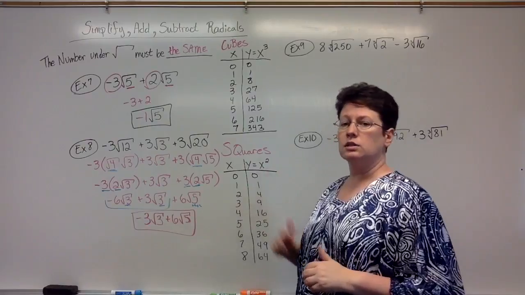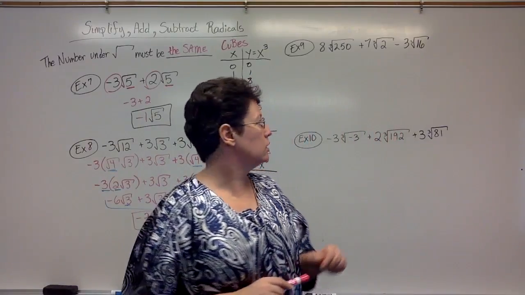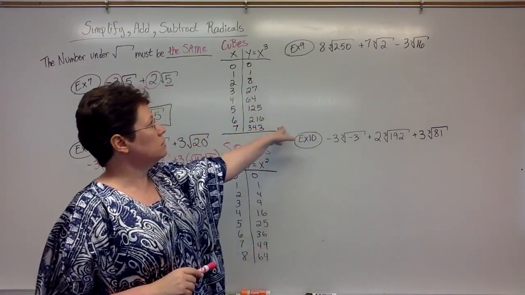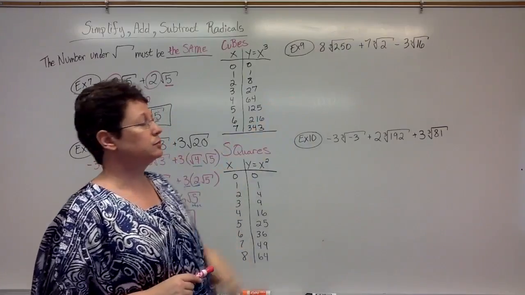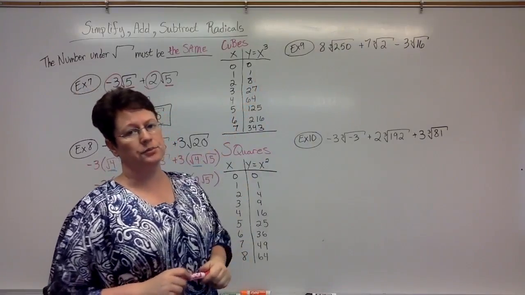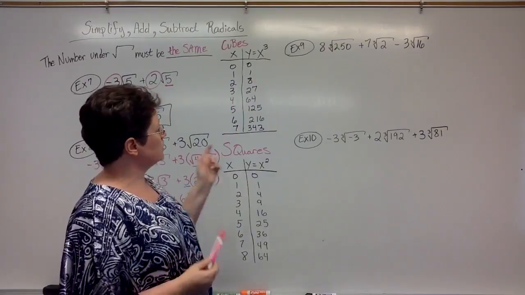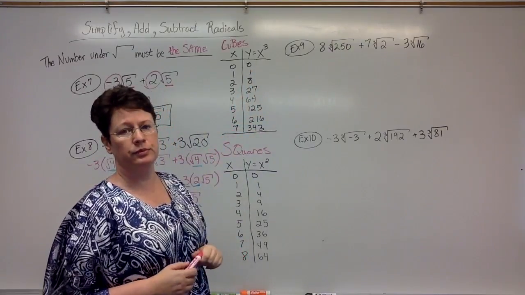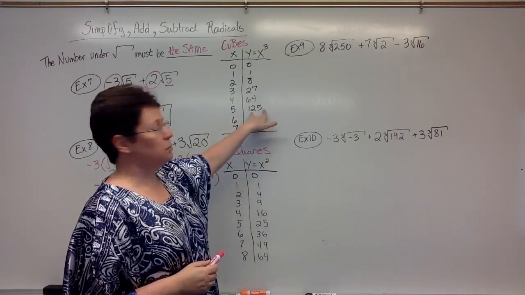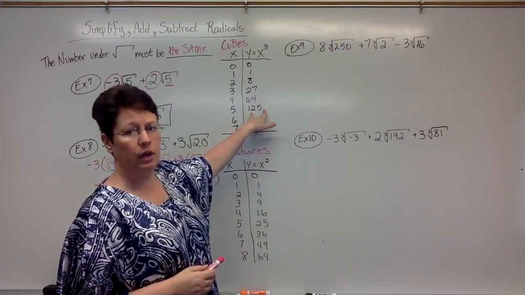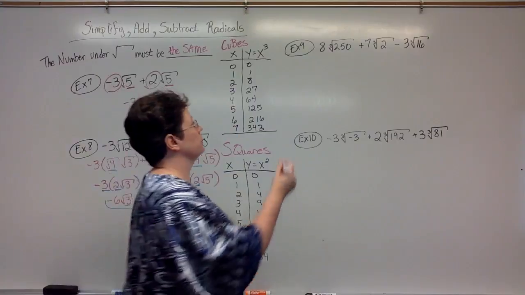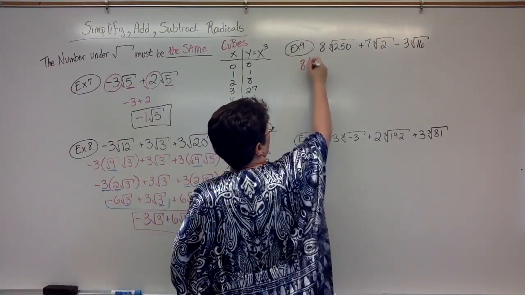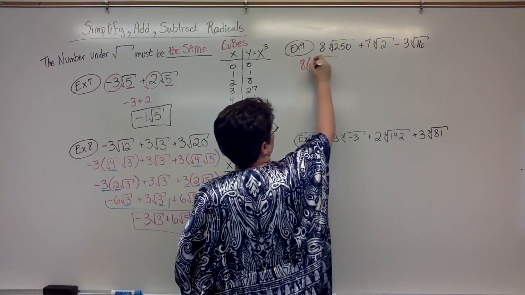Now, let's look at some examples with cubes. Really scary. So we're going to look at our cube table to break things down. I have 250. Is 250 divisible by any of these perfect cube numbers? Yes. It's divisible by 125. Okay, 125. So 8 times, I'm going to have a cube root.